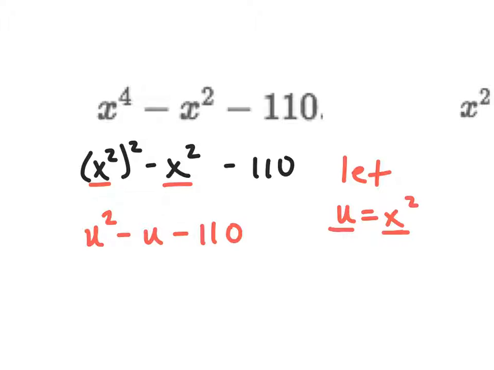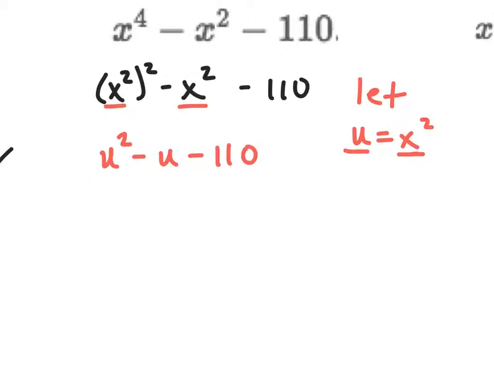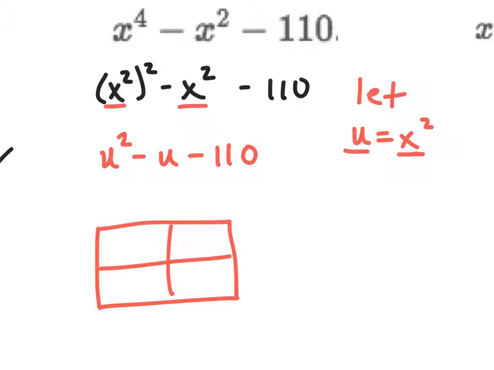All right, so let's do the box method on this. So for this, same thing, I'm going to put u squared in this first one. I'm going to put negative 110 over here. Now to get u squared, I'm going to do u times u. And then I need to think about two numbers that are going to multiply to negative 110 but add to negative 1. And what that's going to give me is 10 and 11.